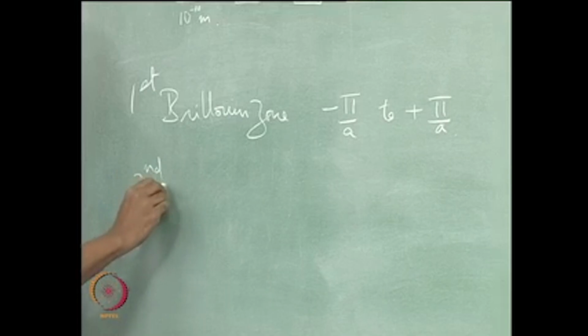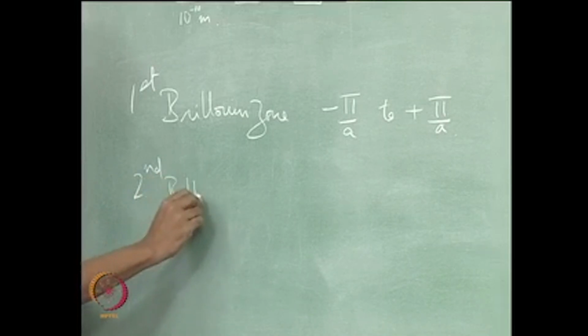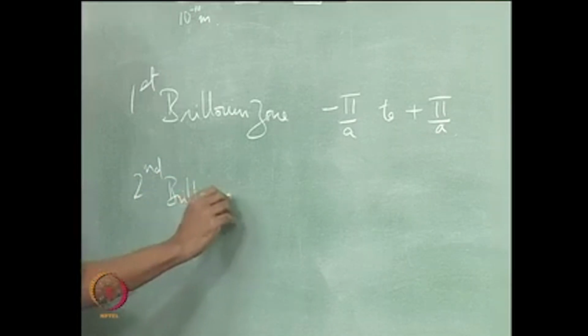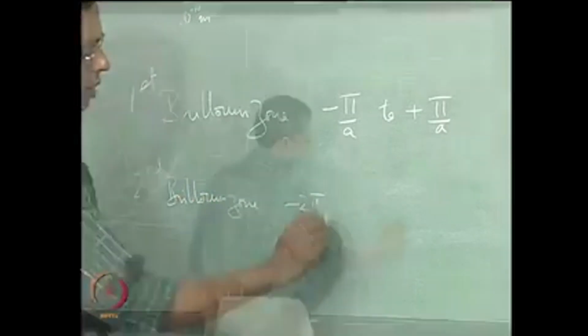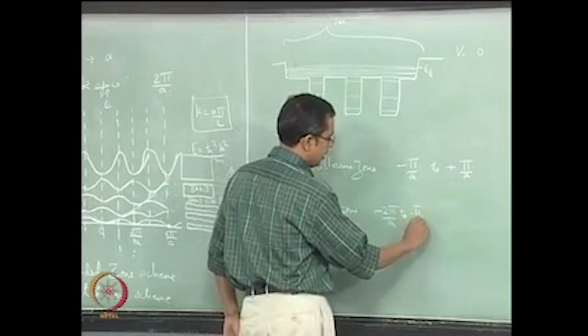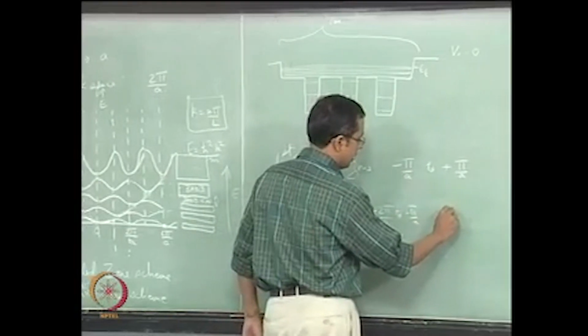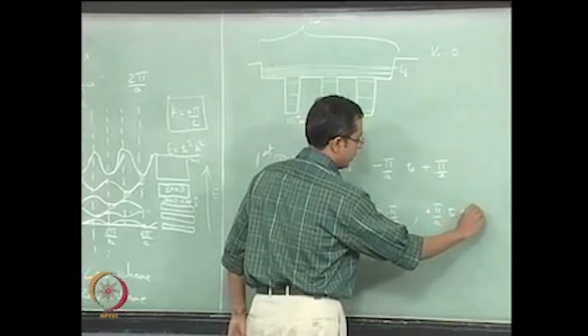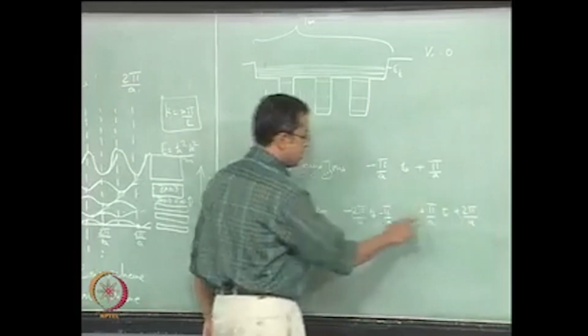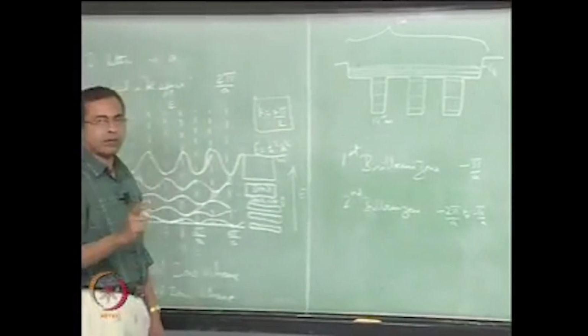The second Brillouin zone is from minus 2 pi by a to minus pi by a, as well as plus pi by a to plus 2 pi by a. In both cases you would have crossed one Bragg plane but not more Bragg planes.